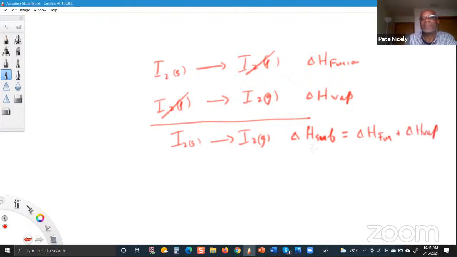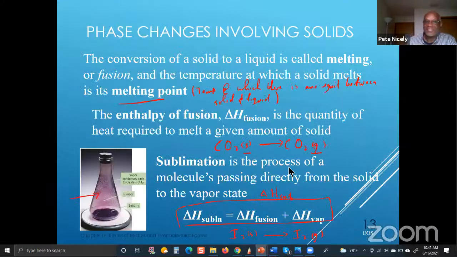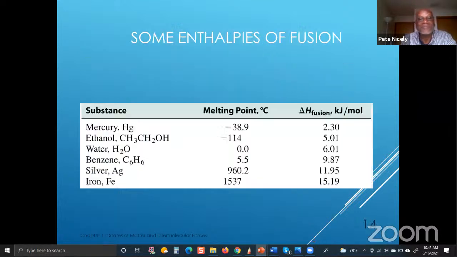So that's the relationship between enthalpy of sublimation, enthalpy of fusion, and enthalpy of vaporization. Enthalpy of sublimation is equal to the sum of the enthalpy of fusion and vaporization. Okay, so that's the relationship between those three terms.